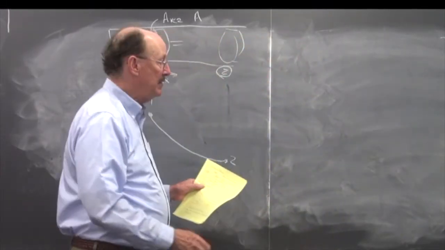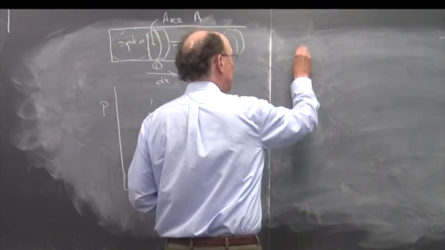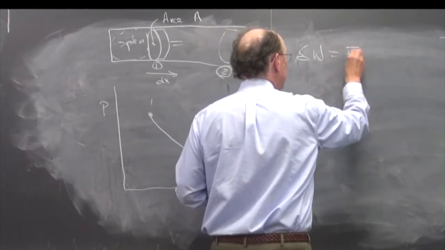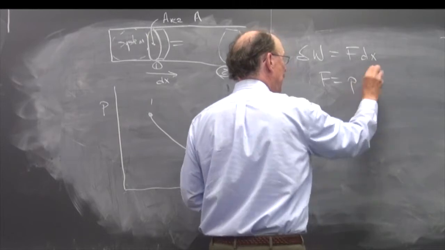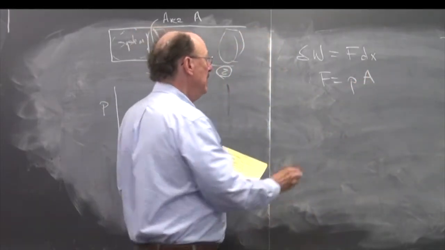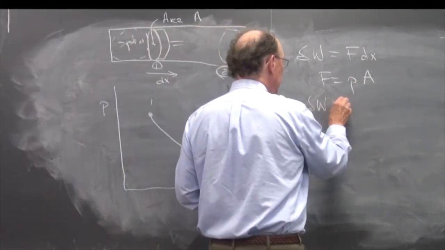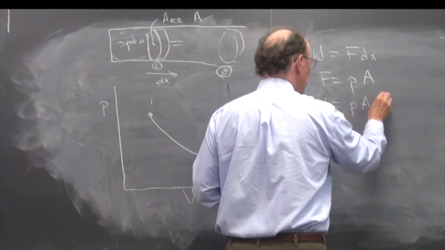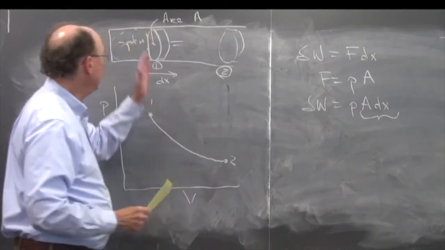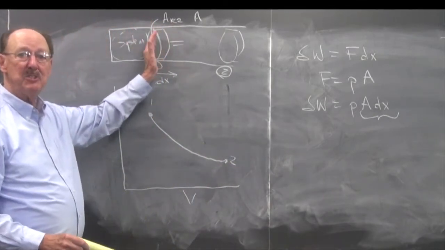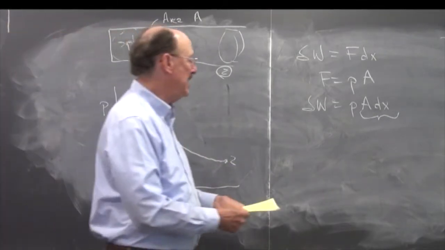So we know that del W is equal to F dx. F is equal to the pressure in the system times the area. So we have that del W is equal to PA dx. And A dx, the area of the piston moving, is a change of volume, so that's dV.